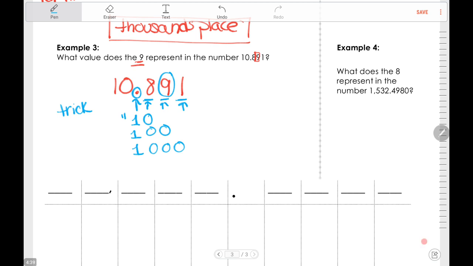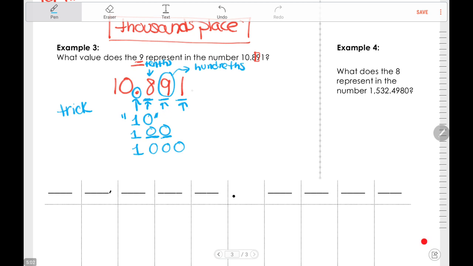So that means if there's 1 zero, this 8 would be the tenths place. This 9 would be in 2 zero spots. See, 1, 2, lines up. And that's the hundredths.